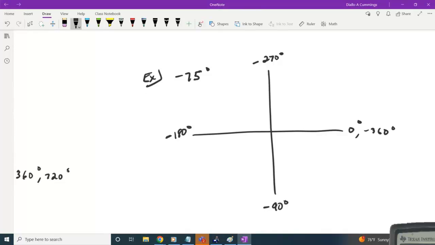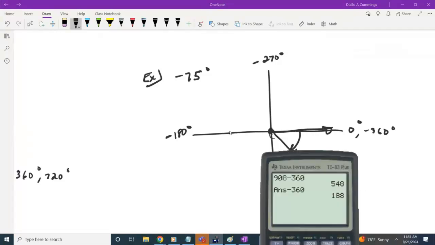So which quadrant would a negative 75 degree angle lie in? Should be quadrant 4, right? So in order to find the smallest possible positive angle, I'm going to do what to negative 75?